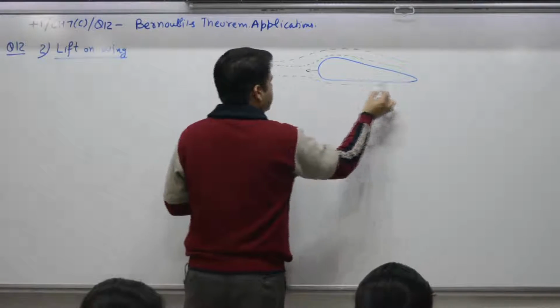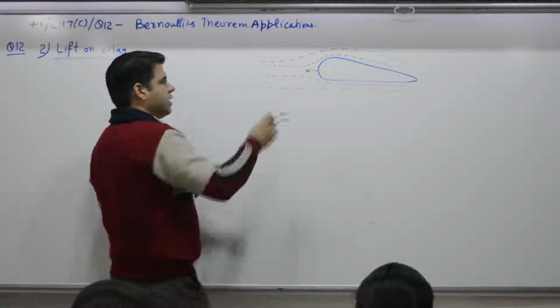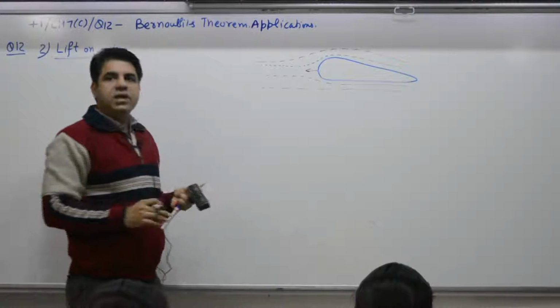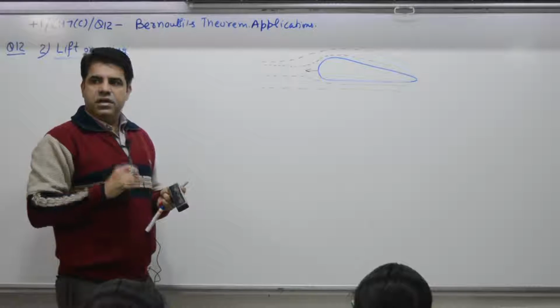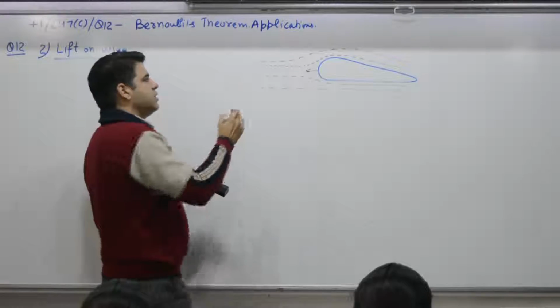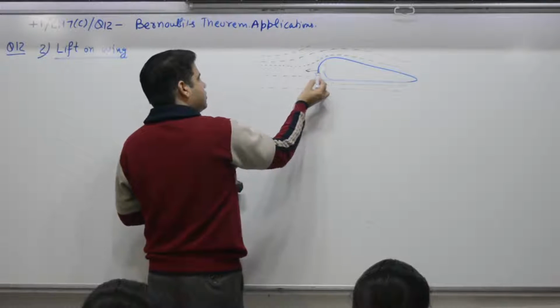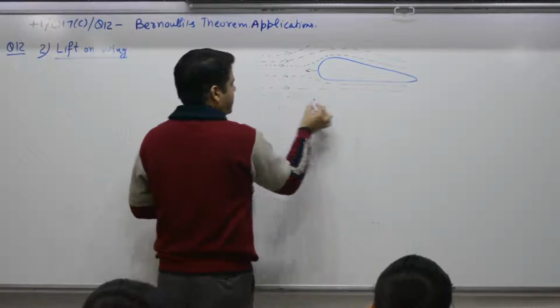Practically, it is this object which moves. In a wind tunnel, how do you perform the experiment? The aeroplane is at rest and the wind blows over it. So if this object moves towards left, it is equivalent to wind moving towards right.